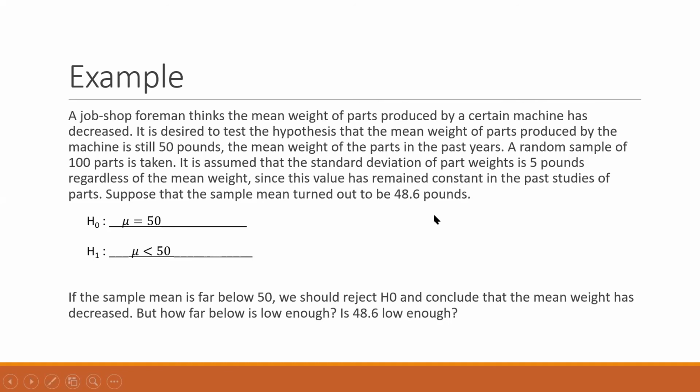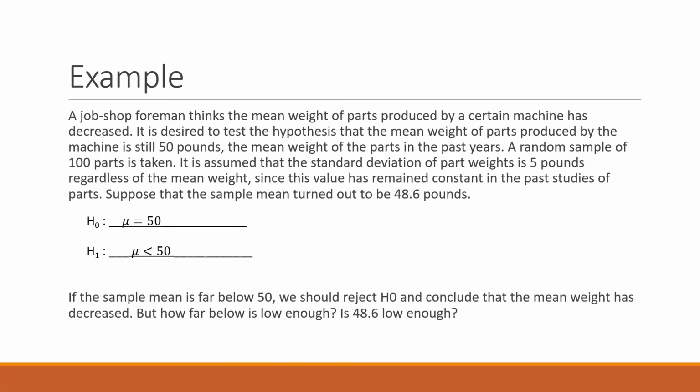Well, the p-value tells me that, okay? Again, the p-value tells me, if the population mean is still 50, how likely can I observe a sample mean as low as 48.6?